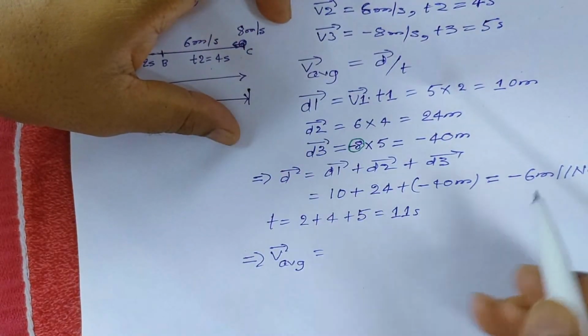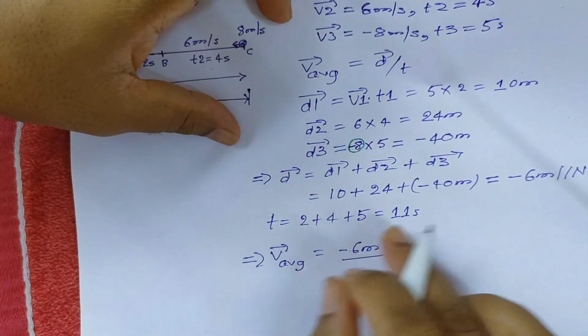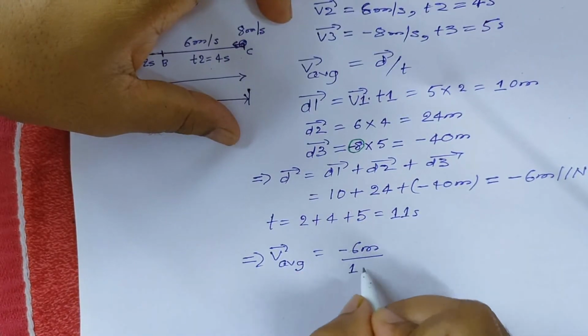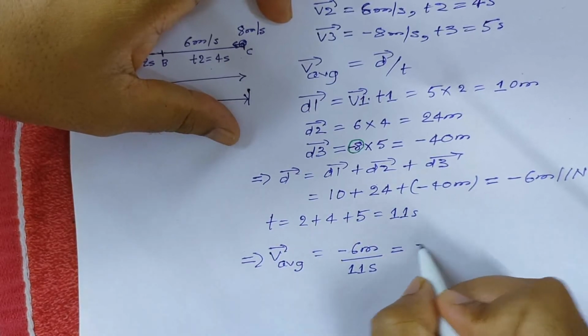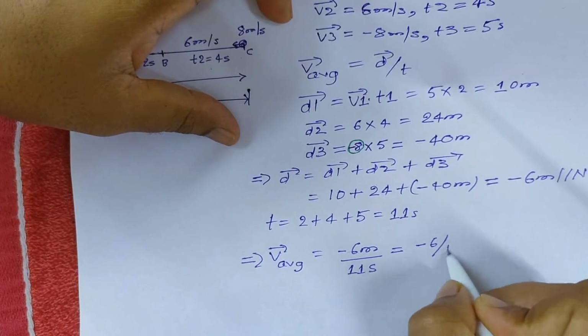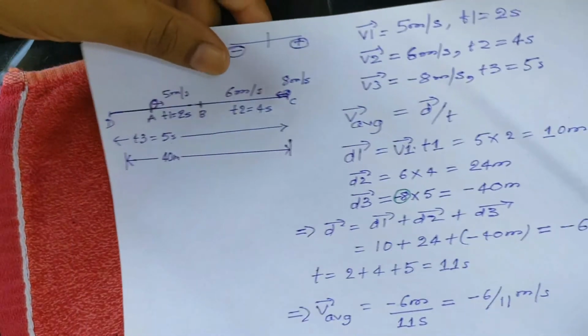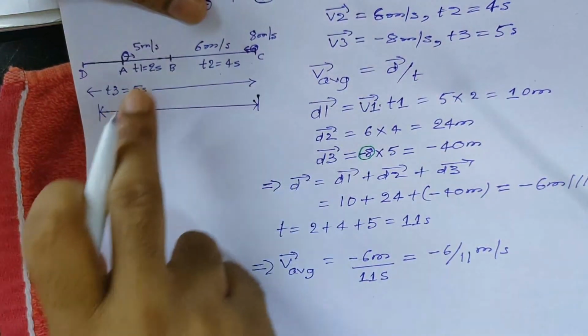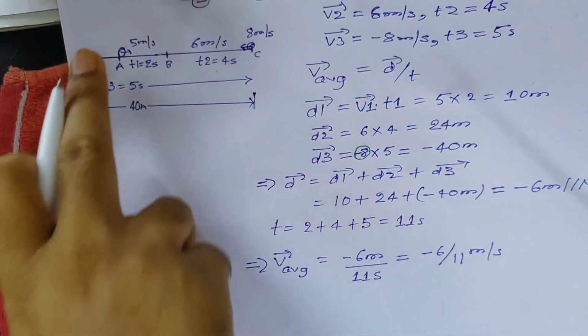Okay, what is the value of d? Minus 6 meter. What is the value of t? 11 seconds. So what is the average velocity? It is minus 6 by 11 meter per second. So you can say the object traveled with an average velocity of minus 6 by 11 meter per second.